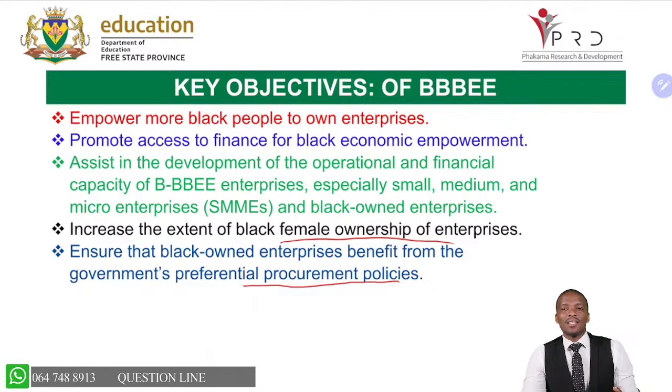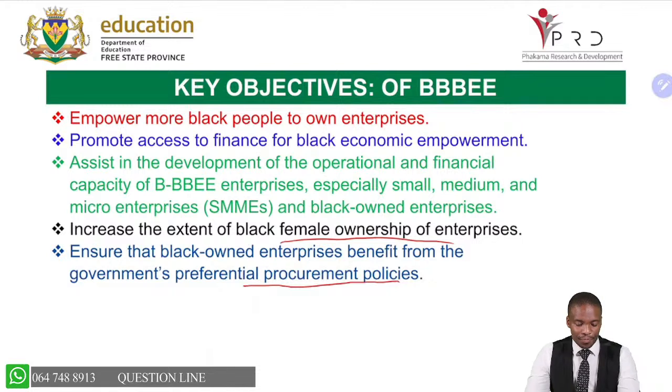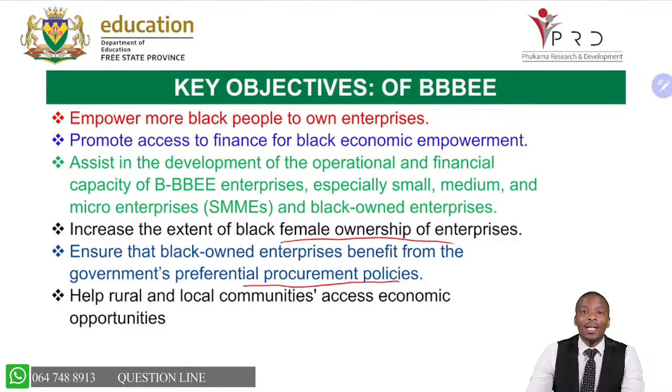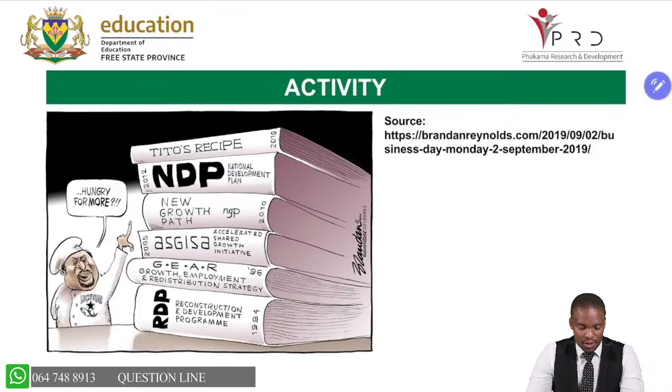So we are redressing the imbalances of the past and helping rural and local communities to have access to opportunities.